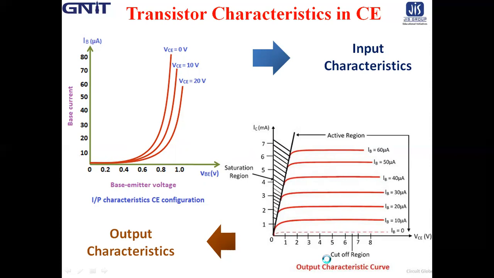Now in the active region, the base emitter junction is forward biased and the collector base junction is reverse biased. The curves in this region are nearly linear and equally spaced.